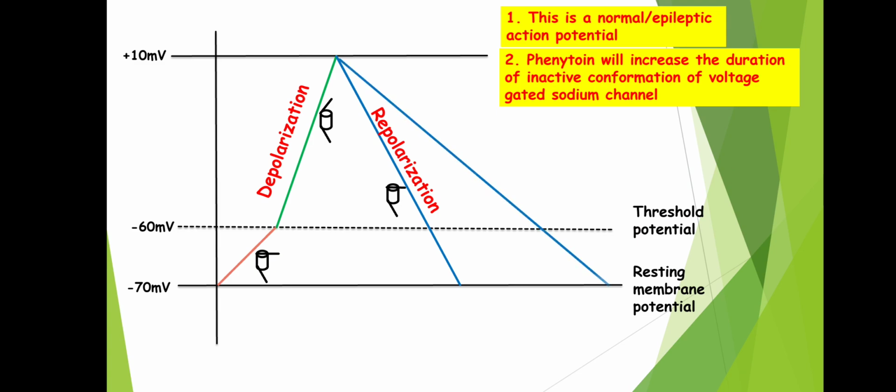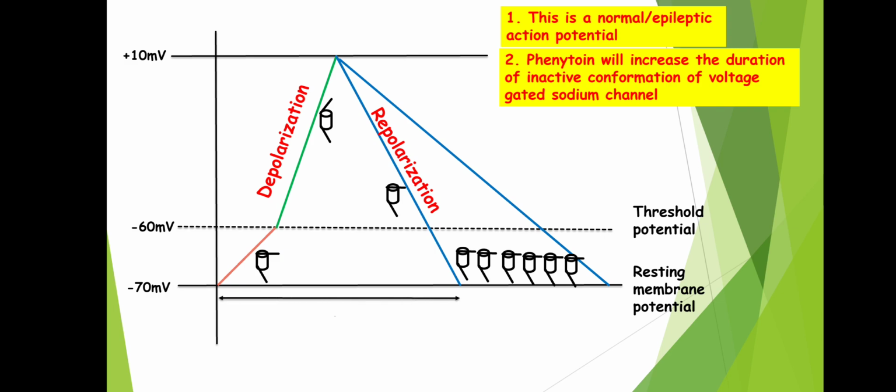So what will happen? Yes, it will take a huge time for repolarization. Initially it was like here, normally the inactive stage completed, but what will happen when we give phenytoin? It will increase the time duration of the inactive stage. So for such a long time the voltage gated sodium channel was maintained in the inactive conformation.